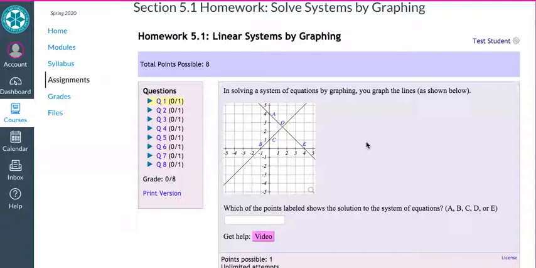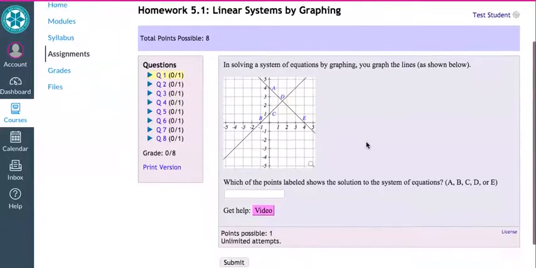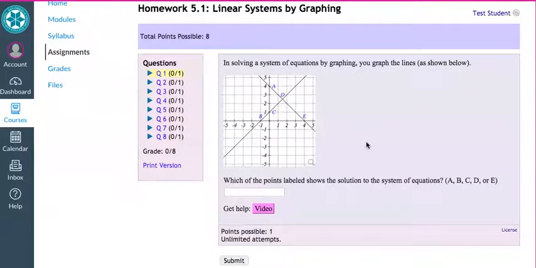I do advise that you still keep a notebook and write out the steps to the solutions in your notebook and enter the answers in Canvas, because that will help you learn. But you're not going to submit any paper homework, just the answers as you click on here.